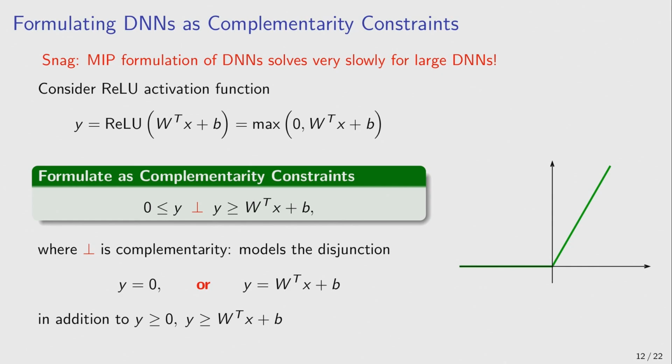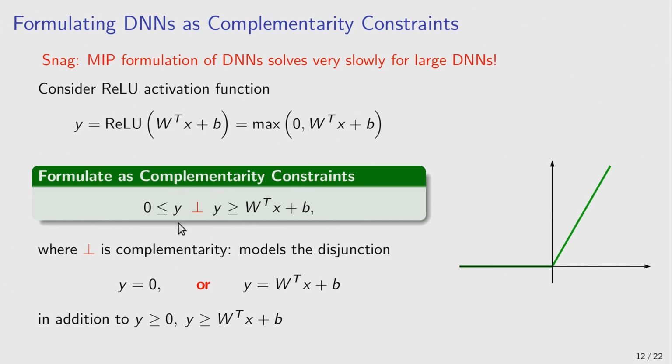I haven't taught about complementarity constraints, but we've seen the KKT conditions, and these complementarity constraints arise in the KKT conditions. So I can model my max function as saying either y is equal to 0, so I'm either here, or y is equal to w transposed x plus b, and I'm on this branch here.